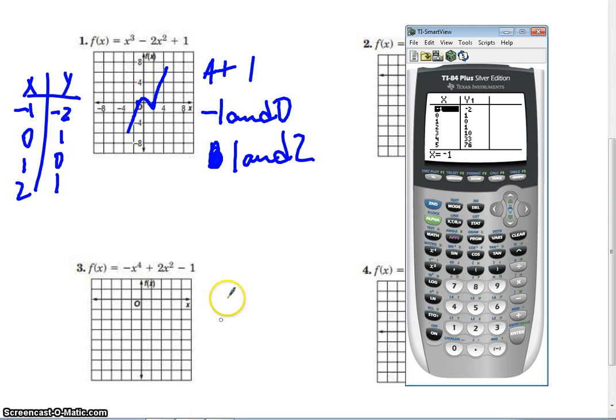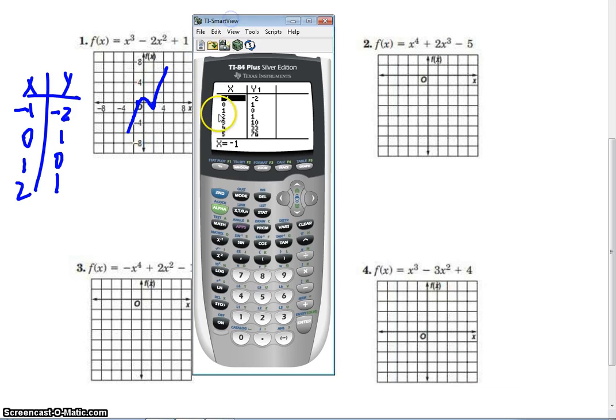So, looking at number 2, you're going to go to y equal. You're going to clear it out, and you're going to put your new problem in. So x to the 4th plus 2x to the 3rd minus 5. We're going to go to our table, and probably start writing on your paper with -3.